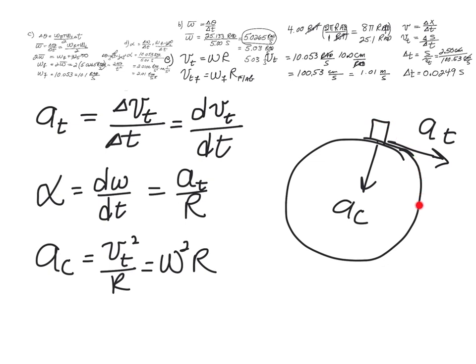Now, additionally, we know something moving in a circle, even if it's at a constant speed, where there's no tangential acceleration, it's still bending. So if it's moving at a constant speed, it's bending toward the center at a constant rate.